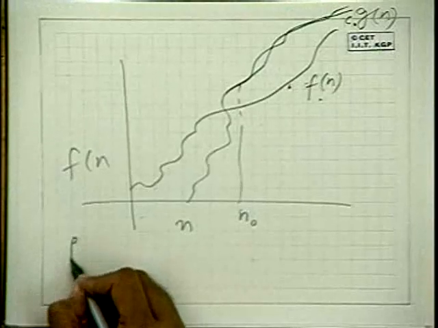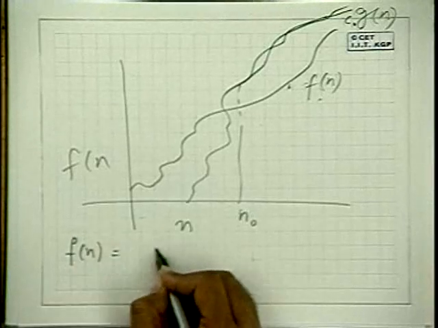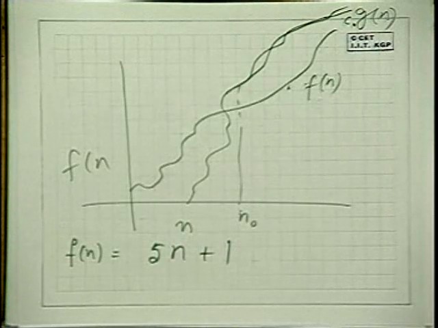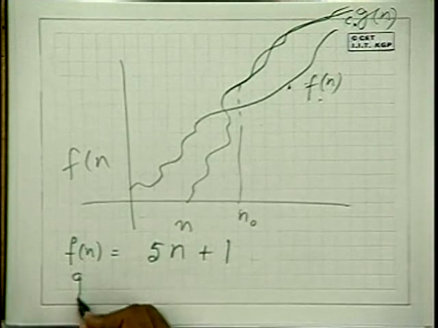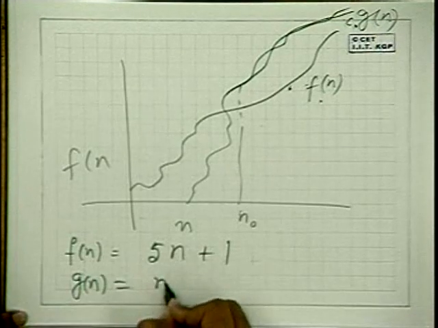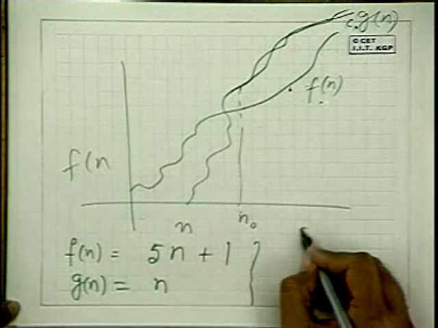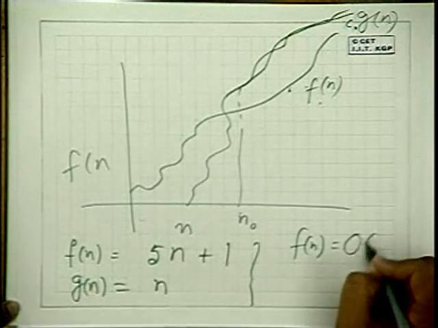So let's take an example that will make it clear. Suppose I have a function f(n) equal to say 5n plus 1. This is my f(n). Now let me take g(n) equal to say n. The question is, can I say f(n) is equal to order of g(n)?